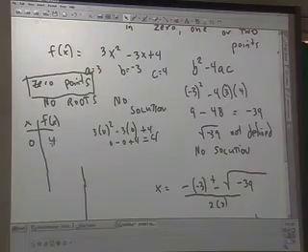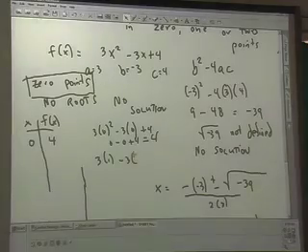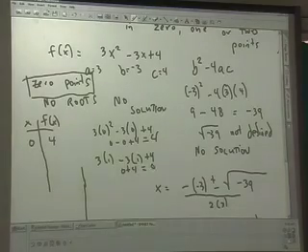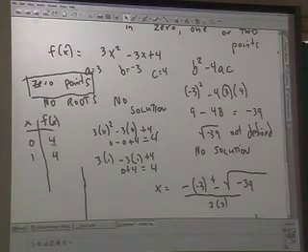So f of x is 4. When we put in 1, we get 3 times 1 minus 3 times 1 plus 4, which equals 0 plus 4, which is 4. So f of x is equal to 4 in both cases, when we use 0 and 1.